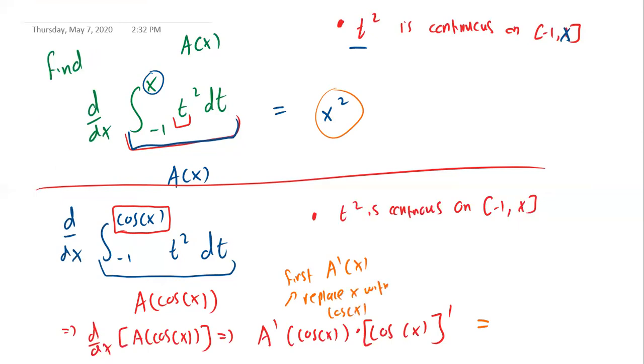So A prime of x, we already saw, was x squared. We replace the x with cosine, so this becomes cosine squared x. Then the derivative of cosine is negative sine, so there's a negative in front, and we get negative sine. That's the fundamental theorem of calculus part 1. Now, another variation you could see is something like this.